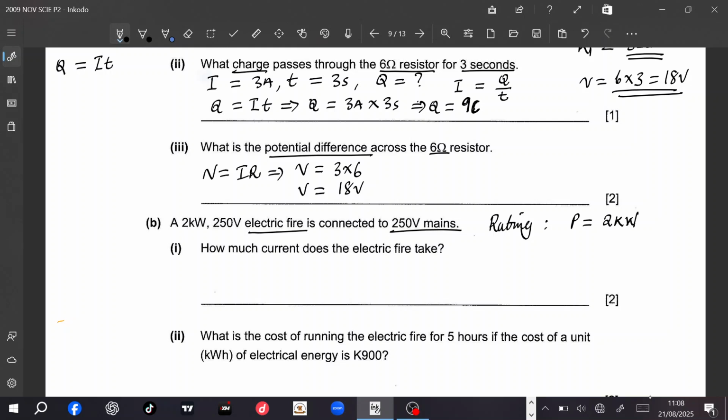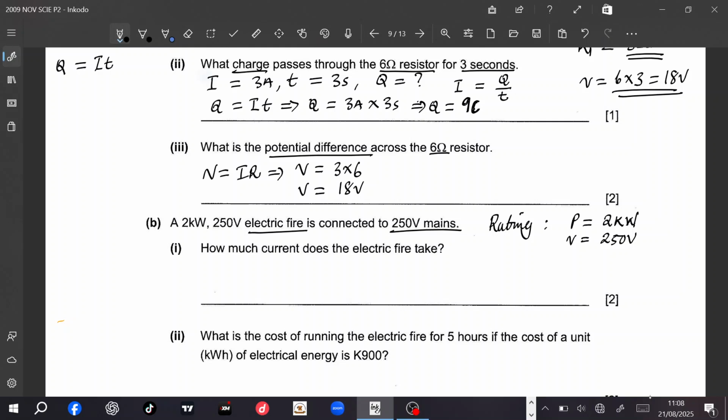Then it also uses 250 volts. These are the ratings, that is what it uses. And when they say it is connected to a 250 volt mains, it means it has been connected to the right voltage, so it will start working well.